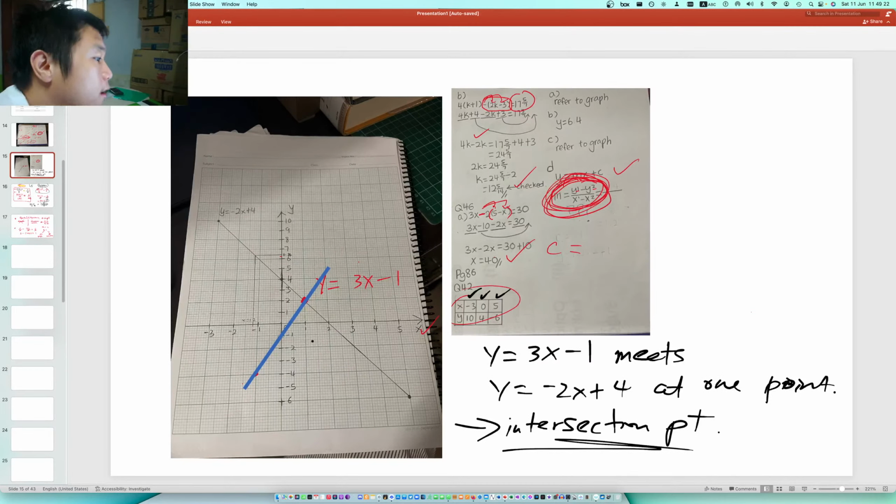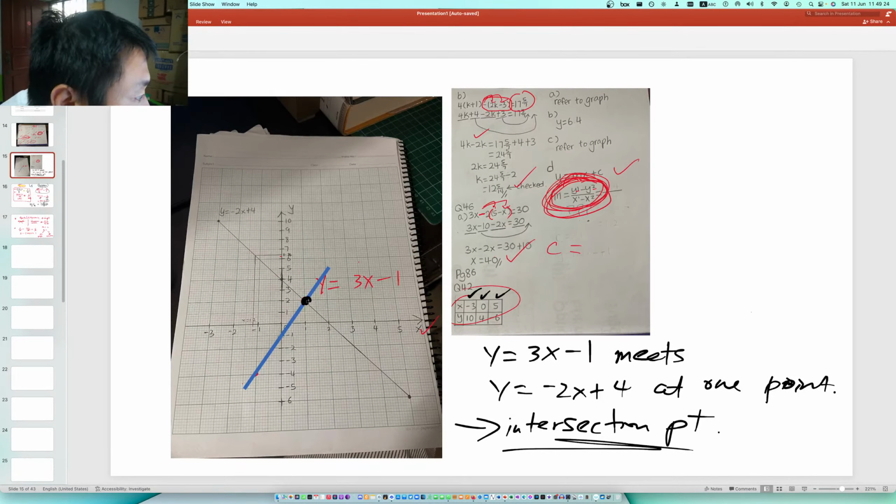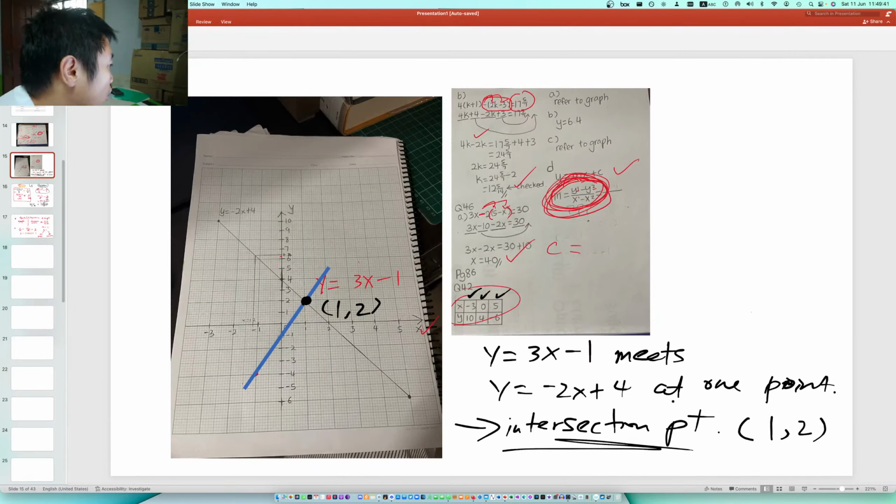By the way, what was this point? What's this point? 1 comma 2. So this is the 1 comma 2. Okay, so if you need to write down, the intersection point is bracket 1 comma 2.